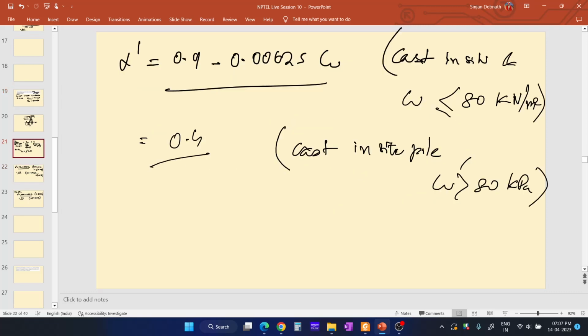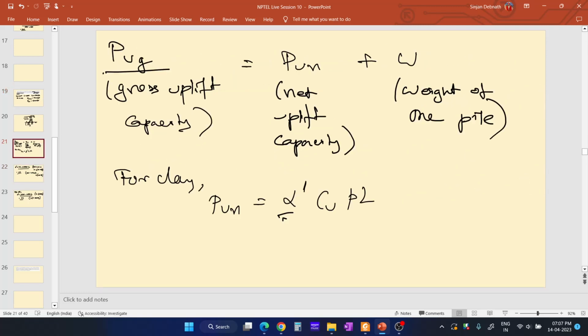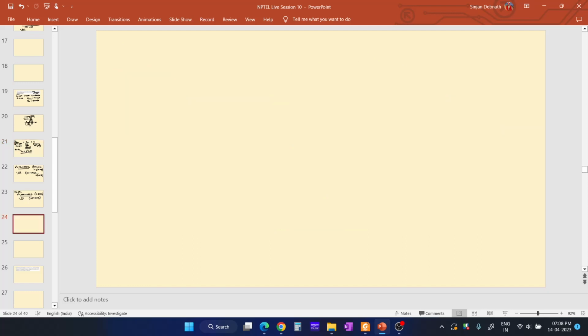So here we have written for clay soil, the equation is PUN, that is the net uplift capacity, equal to alpha dash Cu P L, where Cu means cohesion, P means perimeter of the pile, and L is the length. So PUN is equal to alpha dash Cu P into L. Alpha dash is how much?